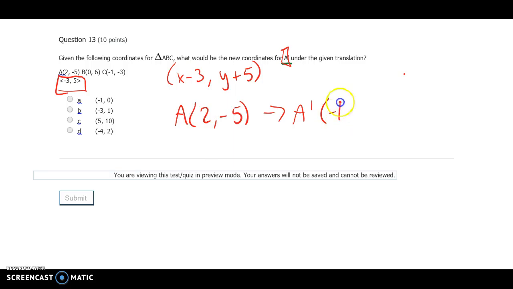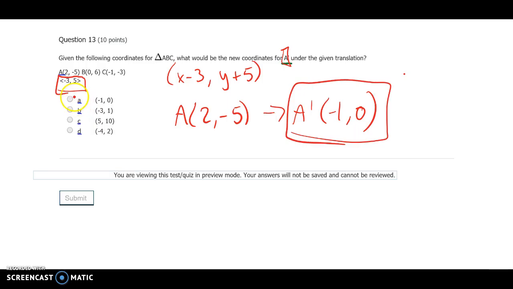So that would be -1, and adding 5 to -5 gives you 0. So we find our new A prime is at -1, 0, which is answer choice A. Alright, so that's it for part 1. We'll pick up again on part 2 of your final review.